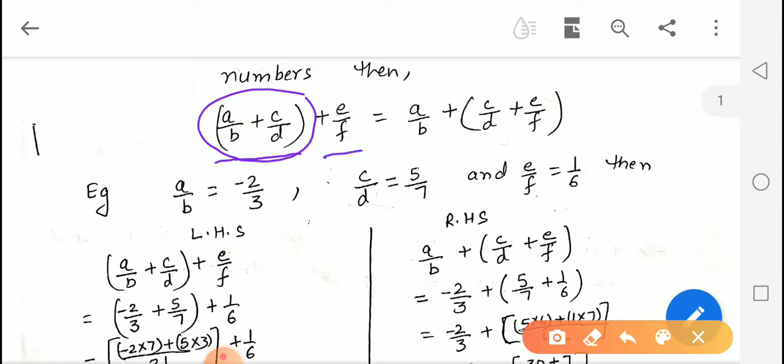And on the right hand side we have changed the group: the second and third rational numbers are added in a bracket, and the sum of these two rational numbers is added to the first rational number. So let us take an example for this.